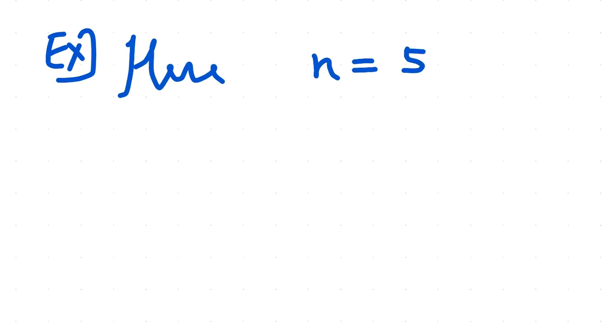And small p, the probability of success in one trial, is 1/2. And q is equal to 1 minus p, which will also be 1/2.